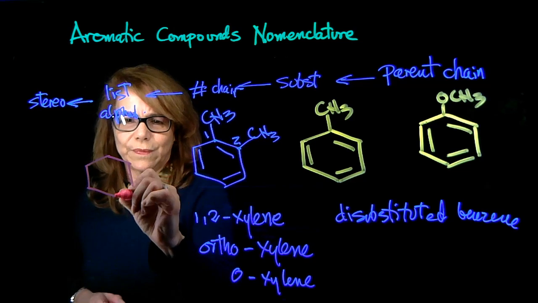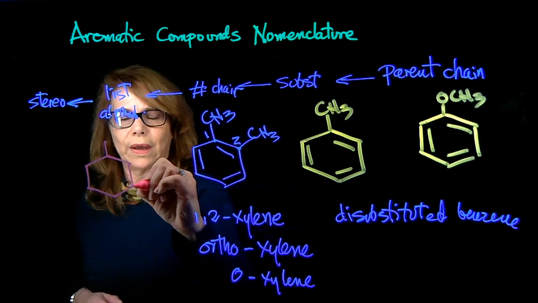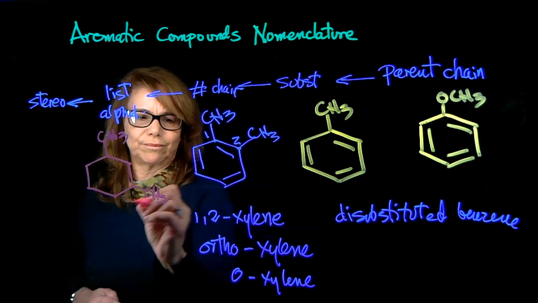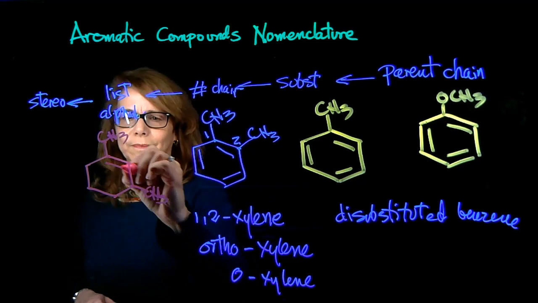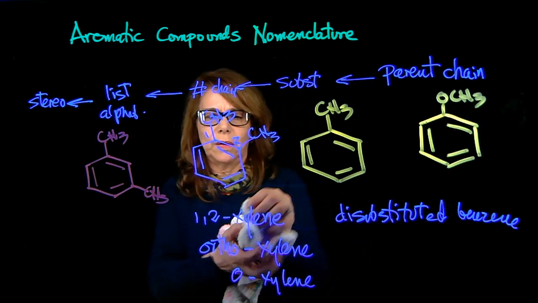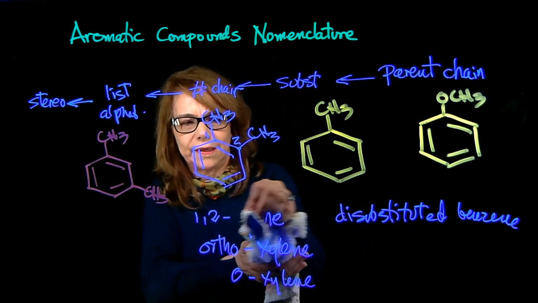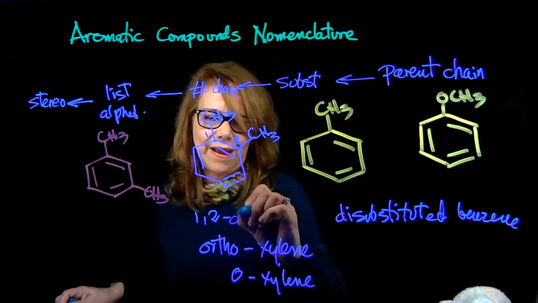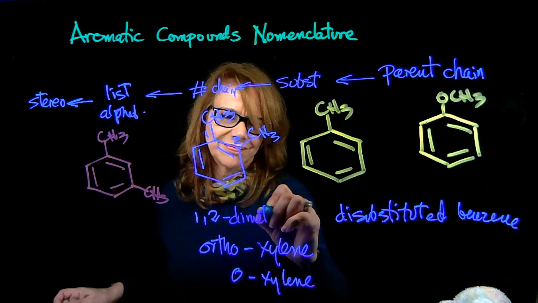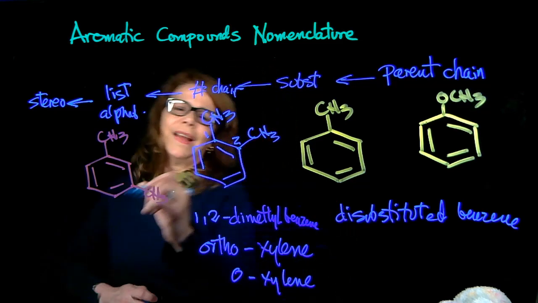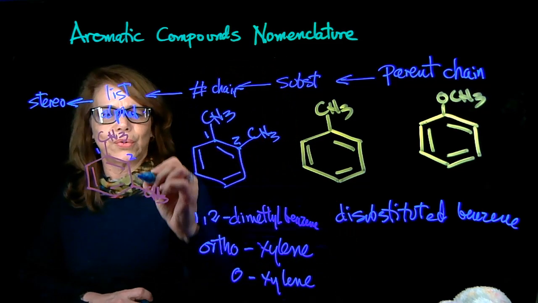Another isomer. I'm going to rewrite it as 1,3, instead of 1,2, from benzene, dimethylbenzene, and this will be 1, 2, 3.